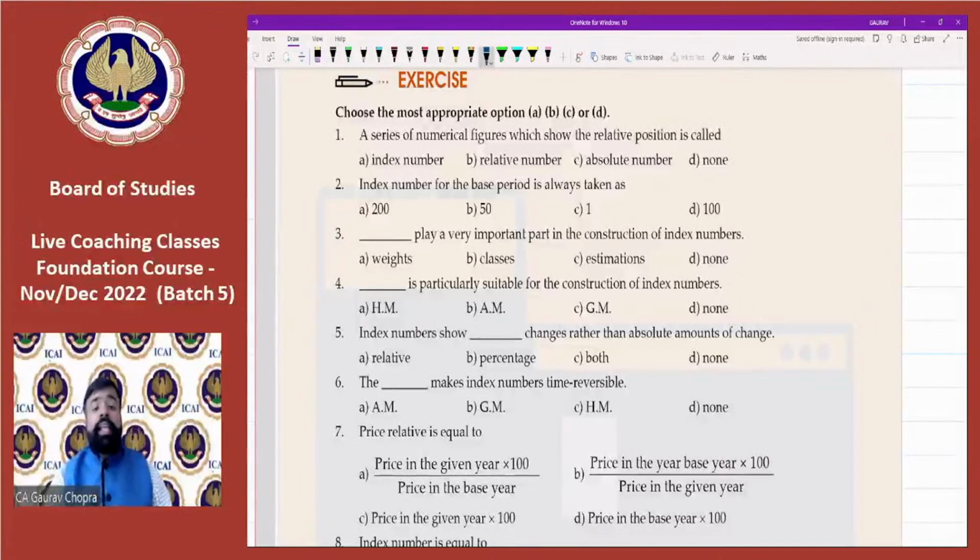We are comparing, and index number is a ratio, and for calculation of ratio we have to relate one year with another. Then index number of base period is always taken as 100. Then dash plays an important part in construction of index number. Of course, weights play the important part.